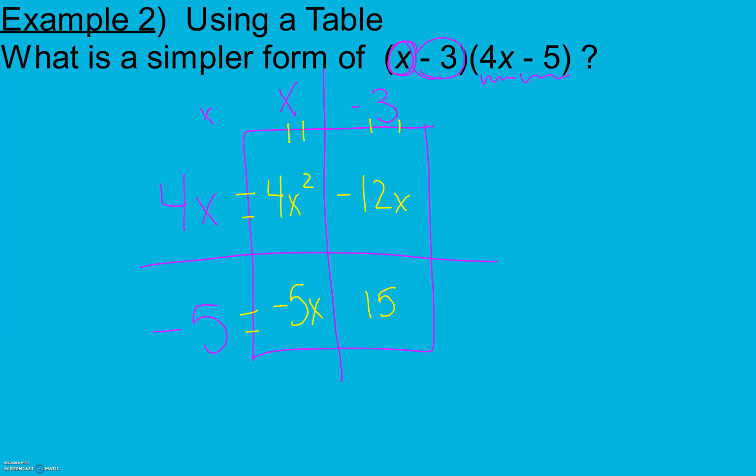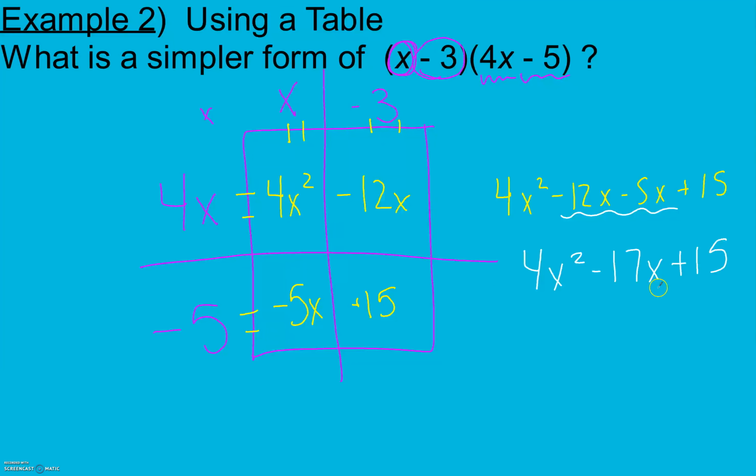Now, I take all of the boxes on my table: 4x squared, minus 12x, minus 5x, and a positive 15 means plus 15. And just like we did when we double distributed, we had our 4 terms. Combine any that we can, and make sure it's in standard form.